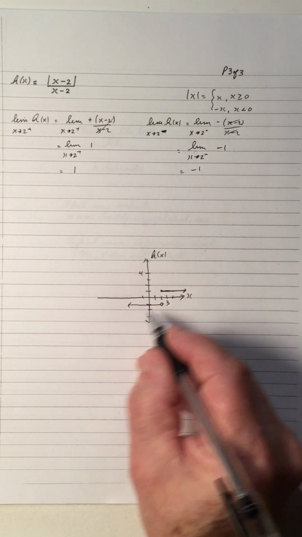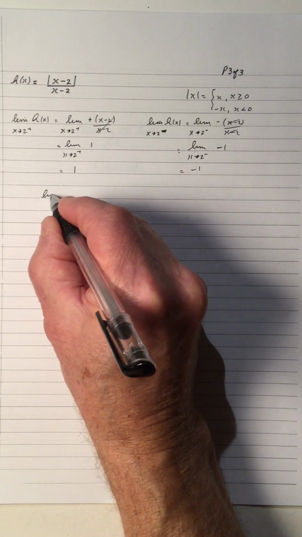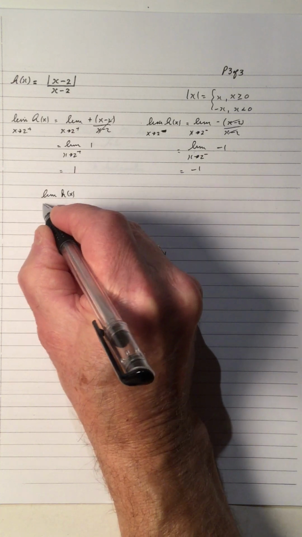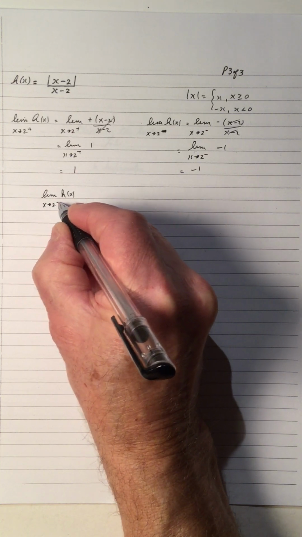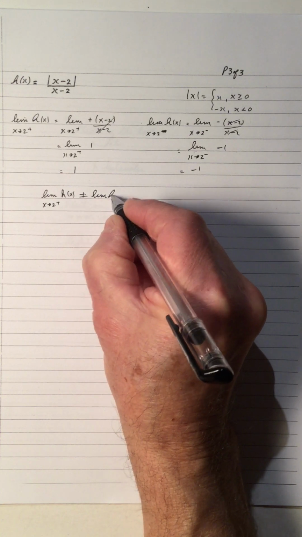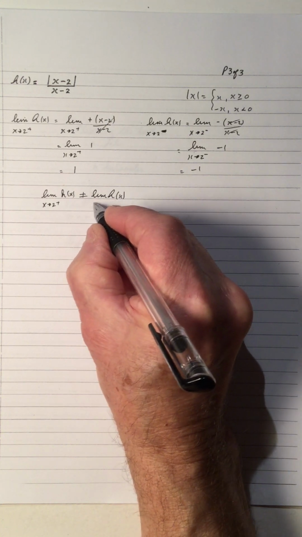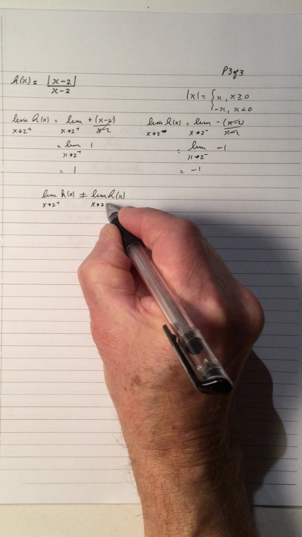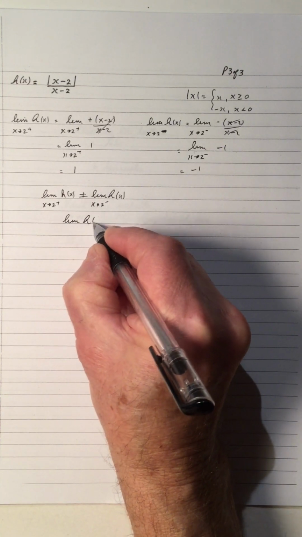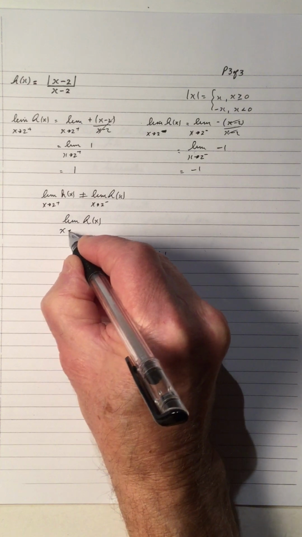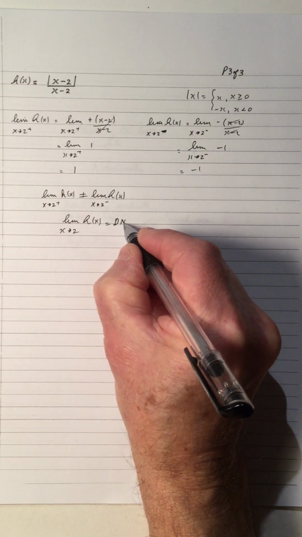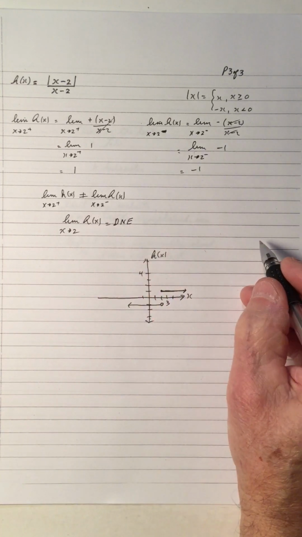And as you can see, the limit of the h of x as x approaches 2 on the right side is not equal to the limit of the h of x as x approaches 2 on the left side. That means the limit of the h of x as x approaches 2 does not exist.